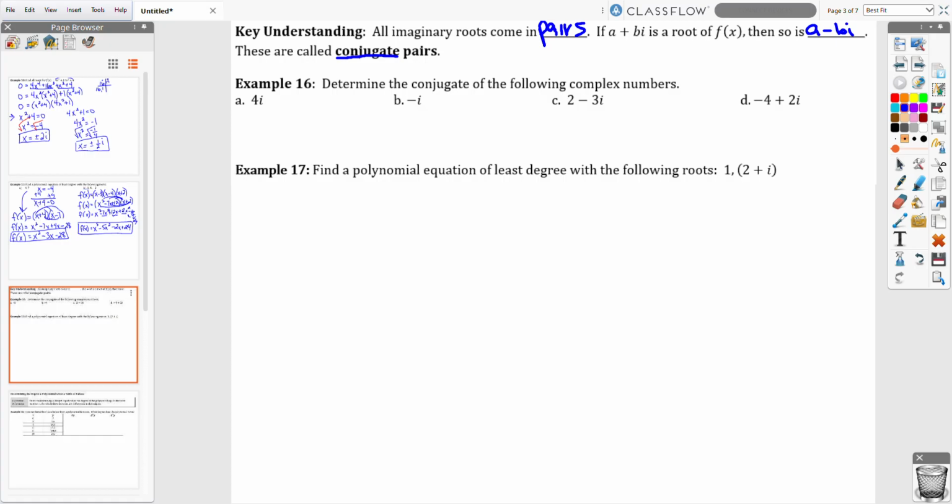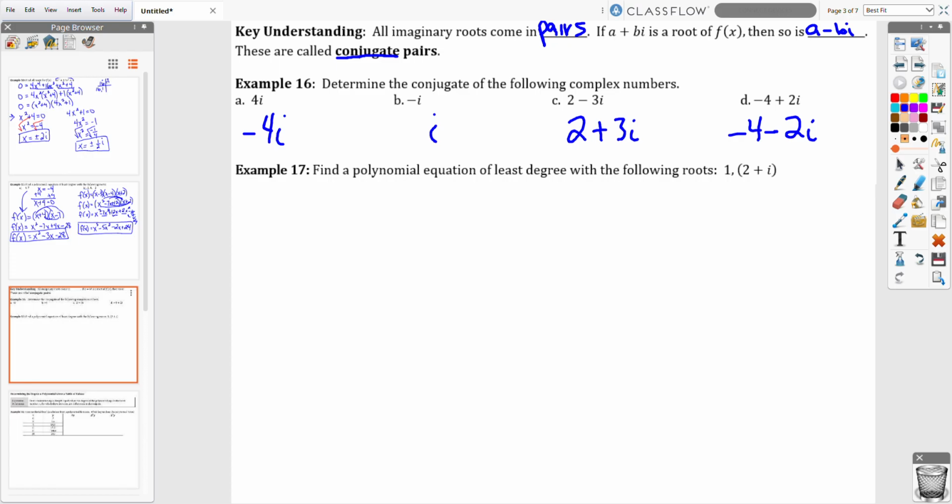So positive 4i's conjugate is negative 4i. The conjugate for negative i is positive i. The conjugate for 2 minus 3i would be 2 plus 3i. And then the conjugate for negative 4 plus 2i will be negative 4 minus 2i. So you just want to make sure that the sign in front of the imaginary part just gets switched.